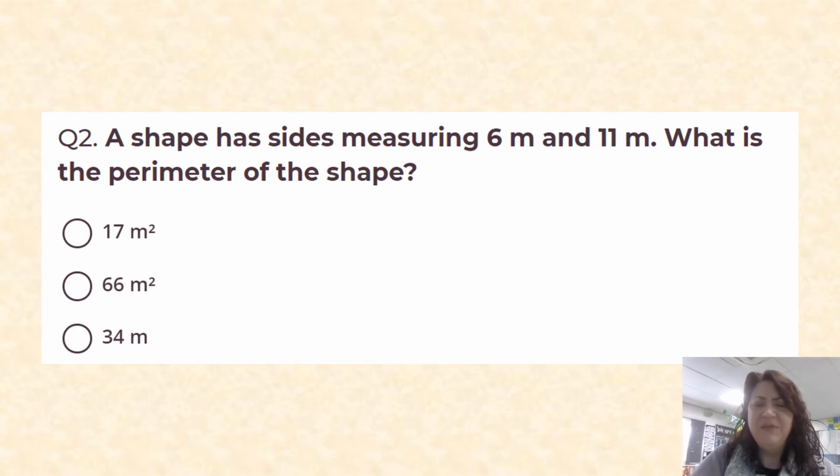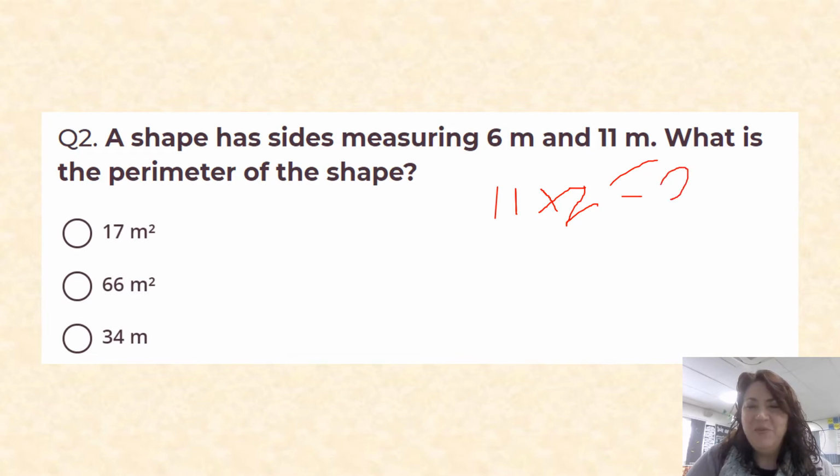Let's think about it. I'm going to do 11 times 2, which is 22. I'm using my mouse again, which is why this isn't very good. I forgot to plug my pen in. And then 6 times 2 is 12. And then we add those together. Oh my goodness, this really is awful.